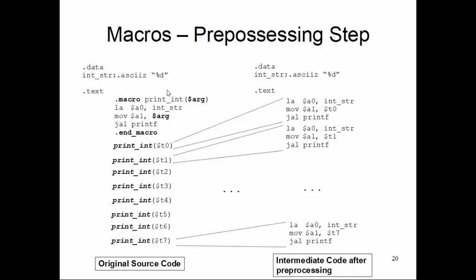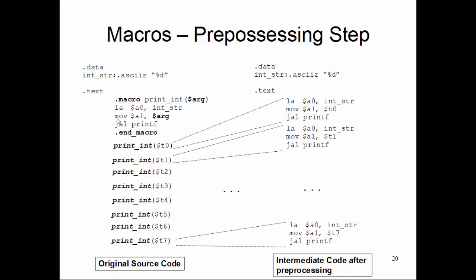So with the macro referenced in the source code, after the pre-processing step, it generates an intermediate assembly code, expanding all the macros into their defined sequence of code. Your macro definition is gone. It is consumed. This macro definition does not get involved in your object code generation in any way.